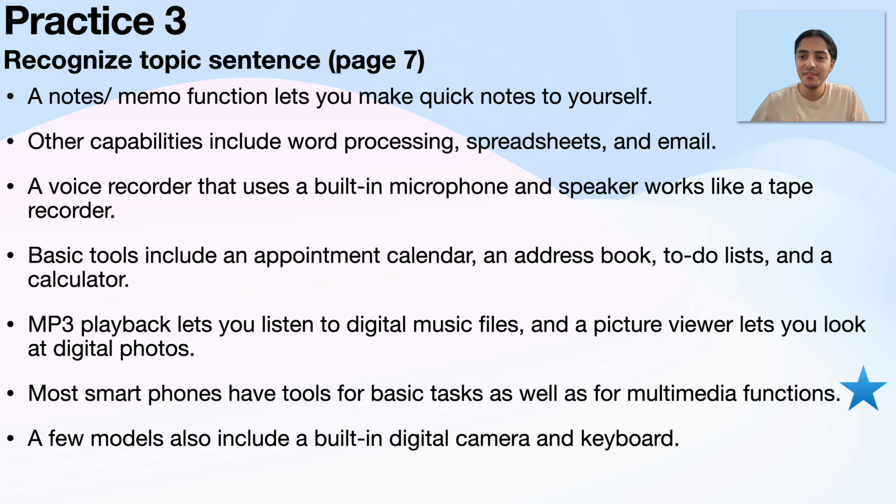You see, they are very example-y. MP3 players let you listen to digital music files, and a picture viewer lets you look at digital photos. It's obvious. Most smartphones have tools for basic tasks as well as for multimedia functions. That's very nice. A few models also include a built-in digital camera and keyboard. Well, that's a supporting sentence for a smartphone.